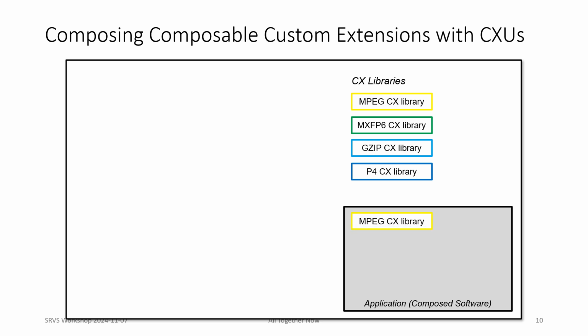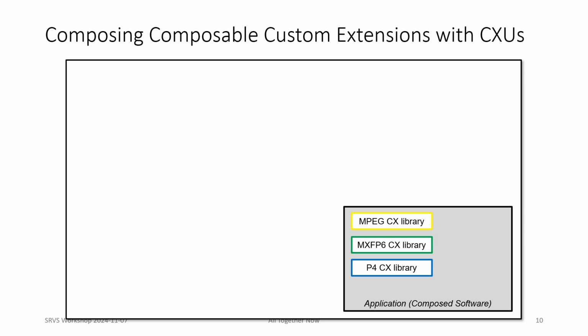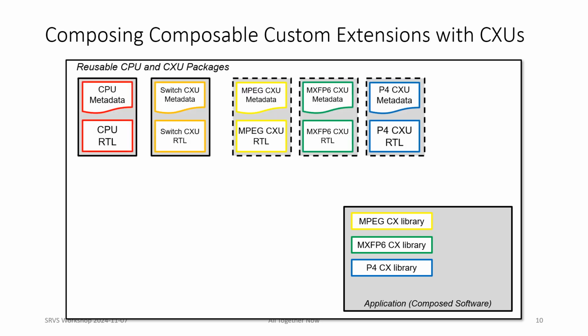As usual, an application is built up from various separately authored software libraries. Here, these specific CX libraries can use various composable extensions, custom instructions, if implemented in the system hardware. So to build a system with the extensions these libraries require, we'll start with a catalog of reusable composable extension units, CXUs.